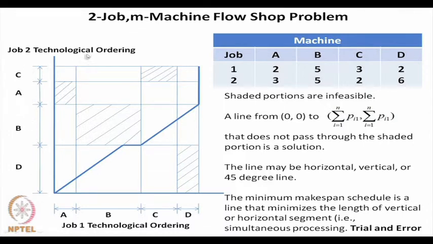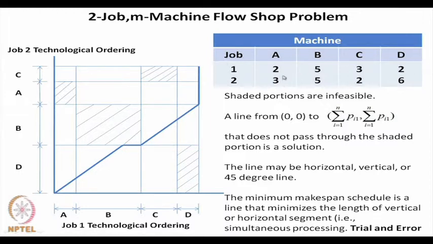So, the technological ordering is different, but both the jobs require going through all the 4 machines, and these are the operation times. Job 1 requires 2 hours, 5 hours, 3 hours and 2 hours in different machines.